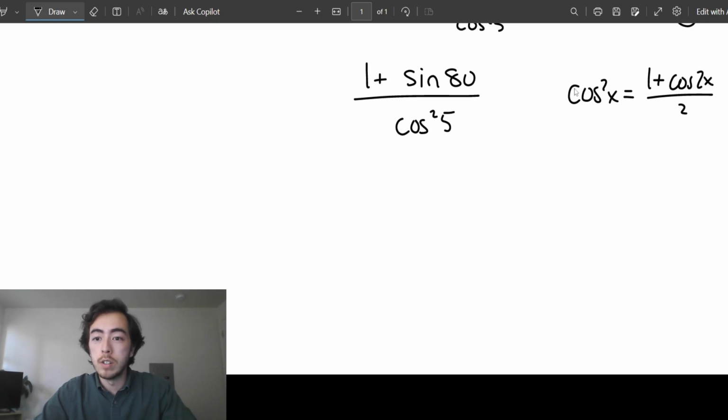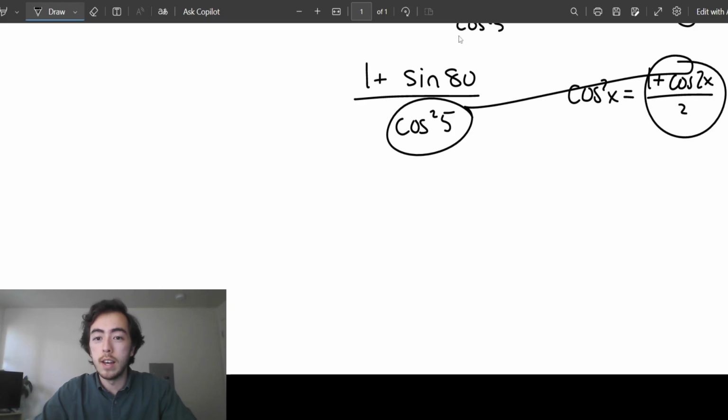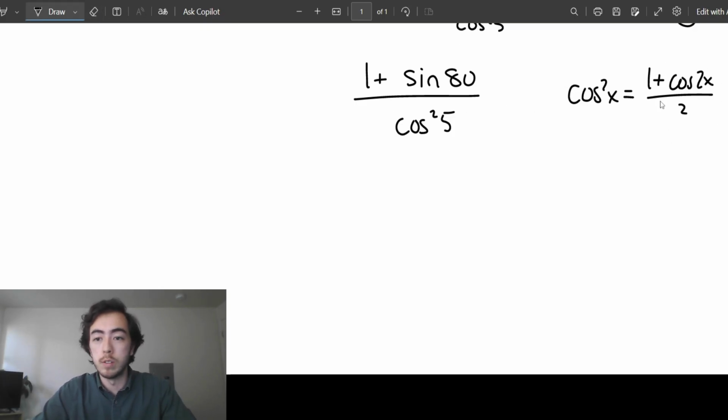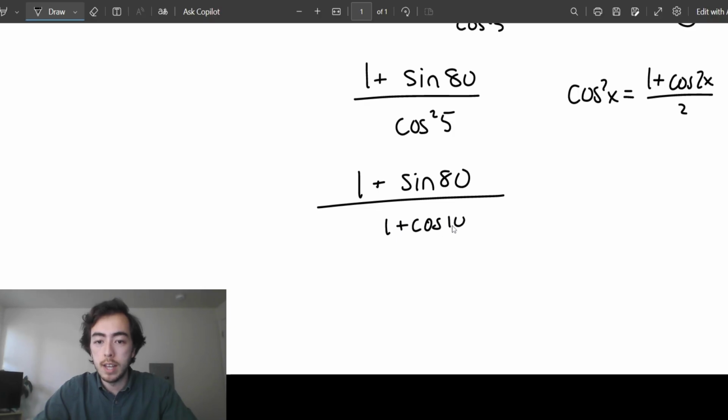And all I need to do to go from this to that is double the angle, right? Because it goes from x to 2x. And then I also need to include that plus 1 and divide by 2. So we do get 1 plus sine of 80 all over 1 plus cosine of 10 divided by 2.